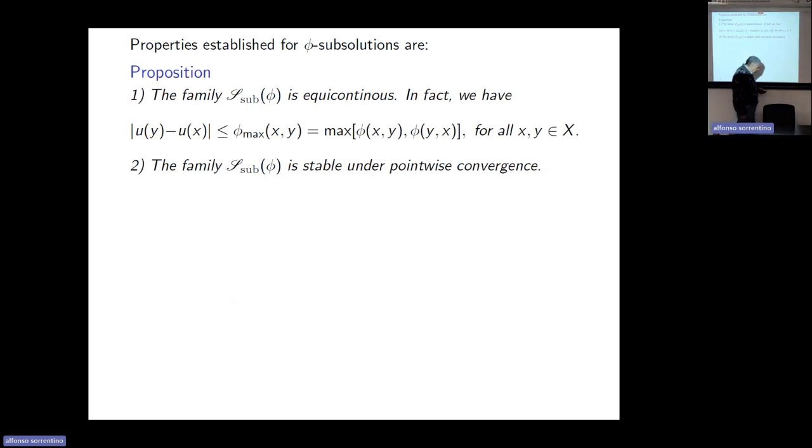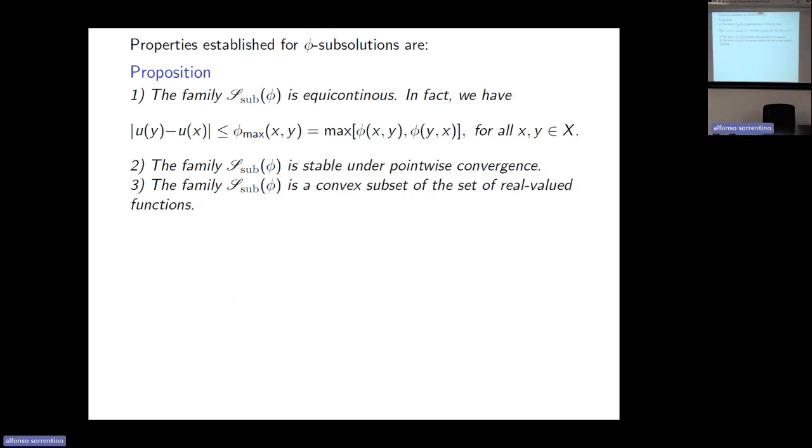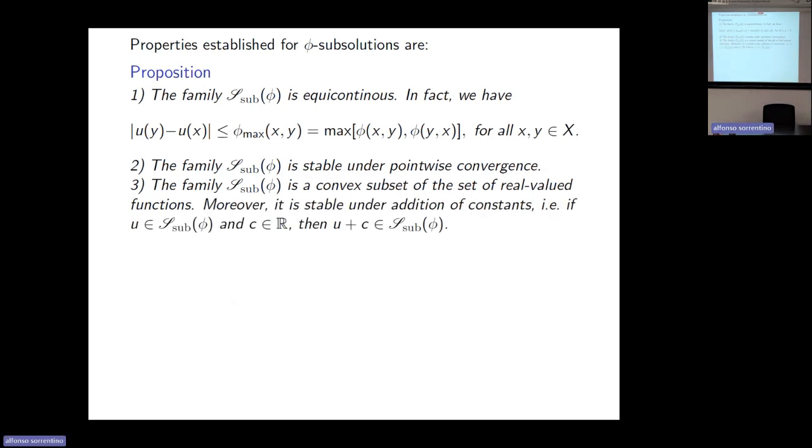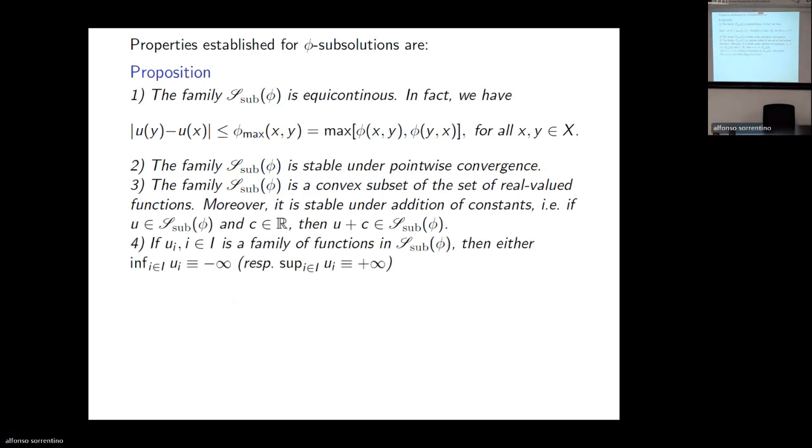So it's stable under pointwise convergence, this condition. It's also stable by taking convex combinations. And you can also add a constant and you remain a subsolution. And it's stable by sup and inf, provided the inf or the sup are not identically minus infinity.